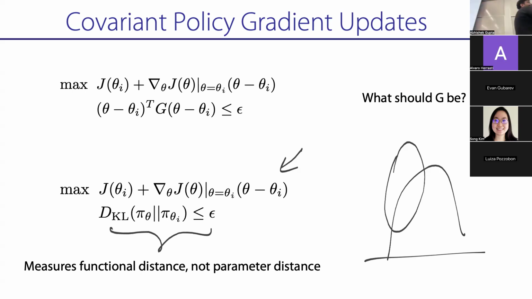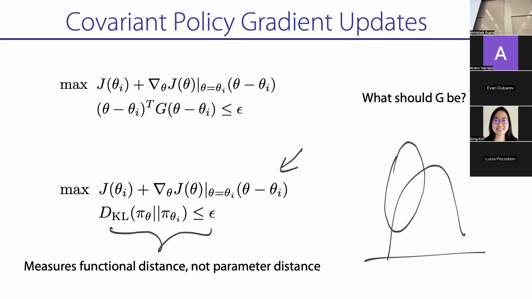Right? We don't want to just say the parameters are bounded. We don't care about the parameters. We only care about the outcomes on the actions, right? And so what we're going to say is we want to do parameter updates under a linear approximation, but rather than doing the Euclidean norm, we're going to have a functional norm. We want to constrain the KL between pi theta and pi theta I, right?